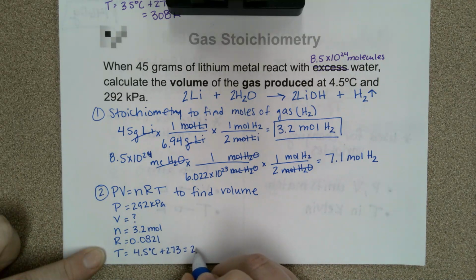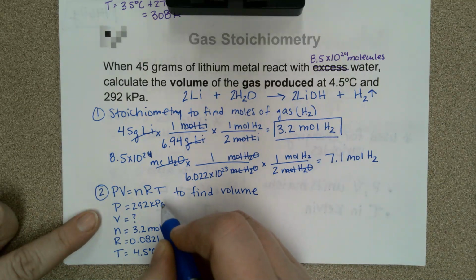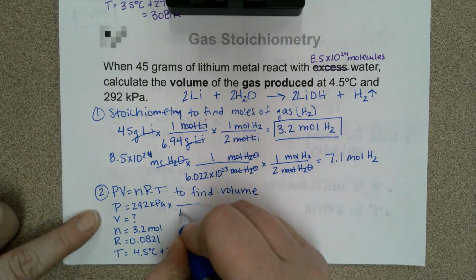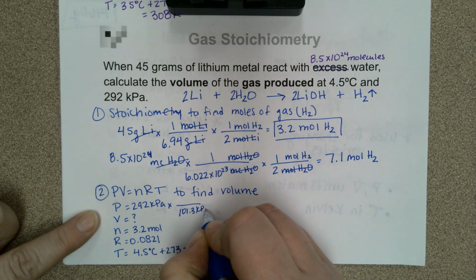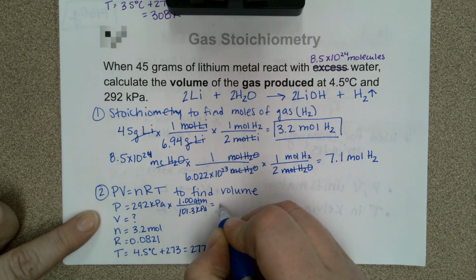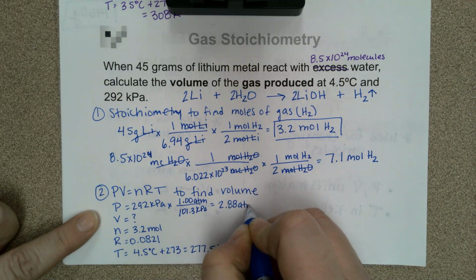277.5. And then our other thing we need to do is make sure that we have our pressure in ATM. So we need to change that into ATM. That ends up being 2.88 ATM.